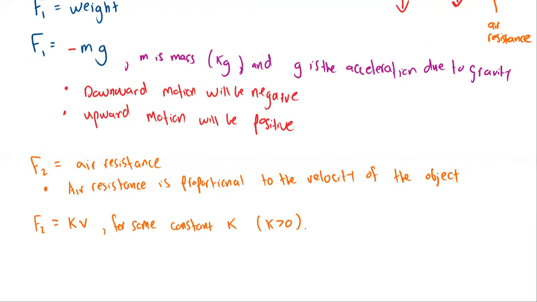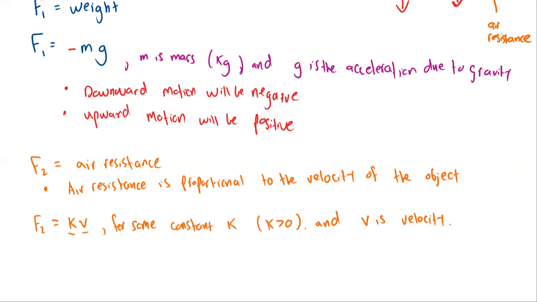So what does it mean for two things to be proportional? That means that one thing is a scalar or a constant multiple of the other thing. So if I'm telling you that air resistance is proportional to velocity, that means that F2 equals a constant times the velocity.